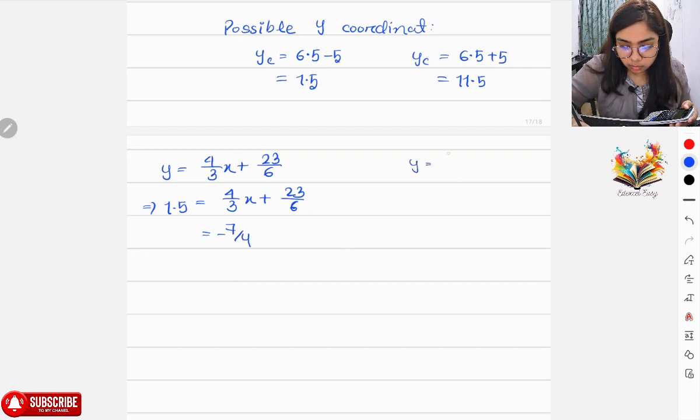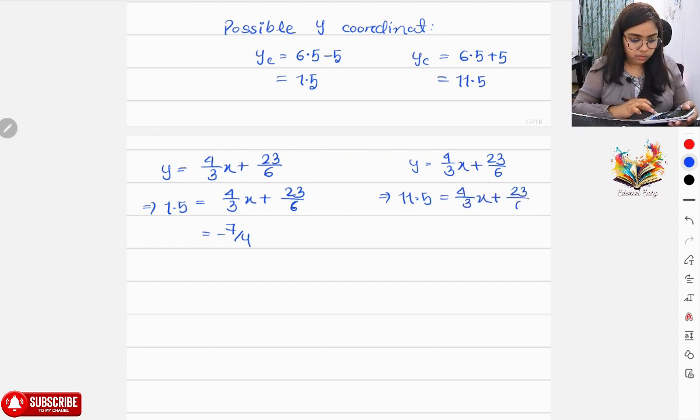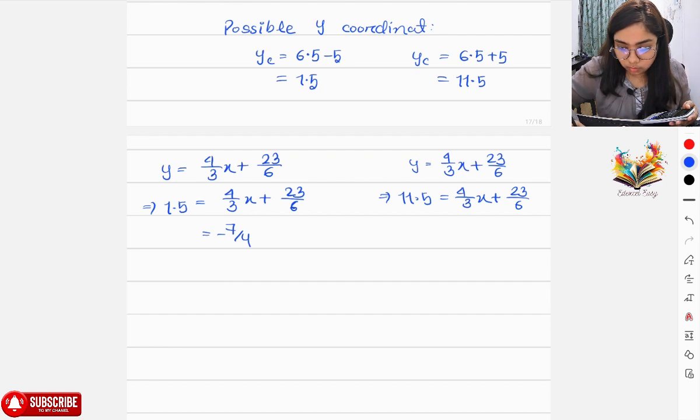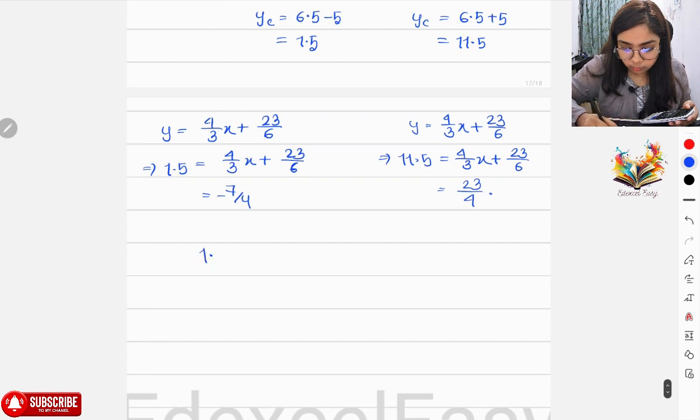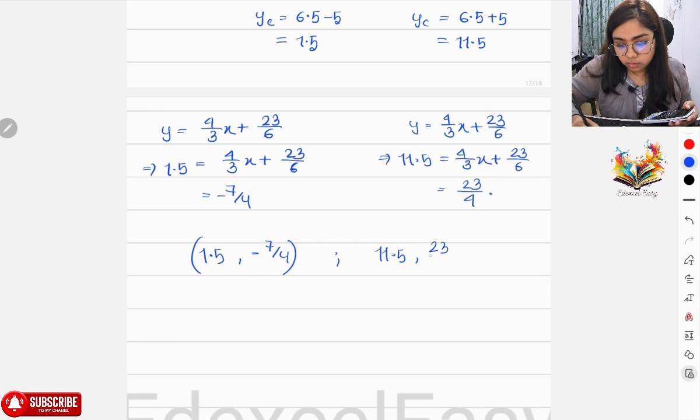And then similar working: 4 by 3x plus 23 by 6, where you will input 11.5, so 11.5 minus 23 by 6 divided by 4 by 3 gives you 23 by 4. So the possible coordinates are (minus 7 over 4, 1.5) and (23 over 4, 11.5), right? These are the possible values.